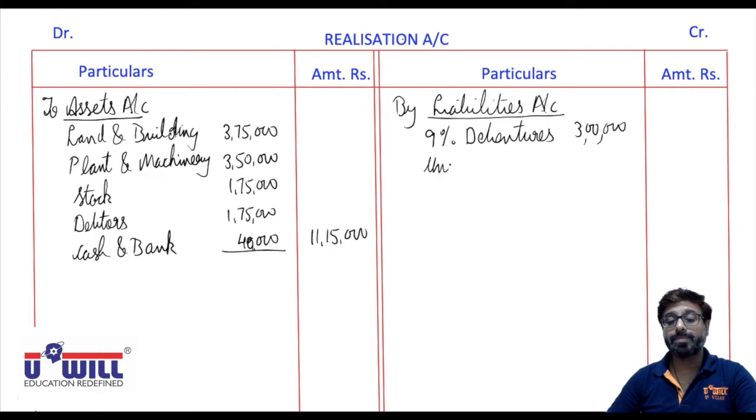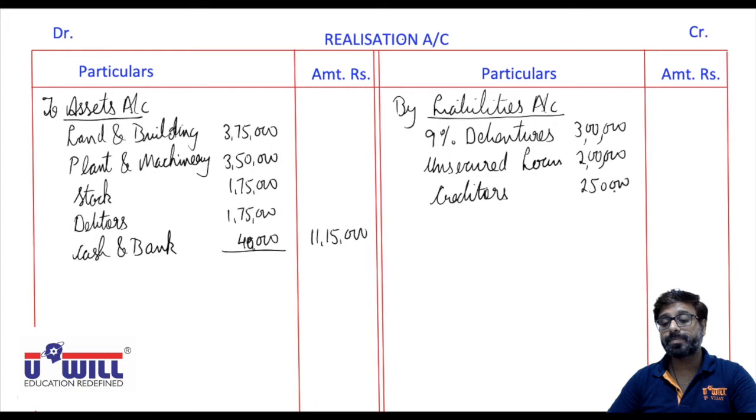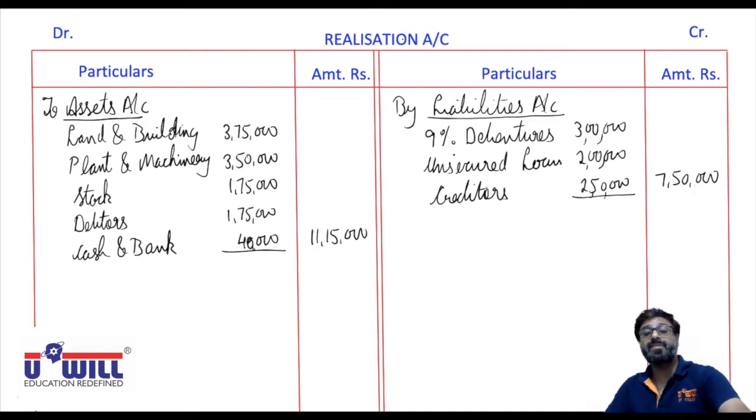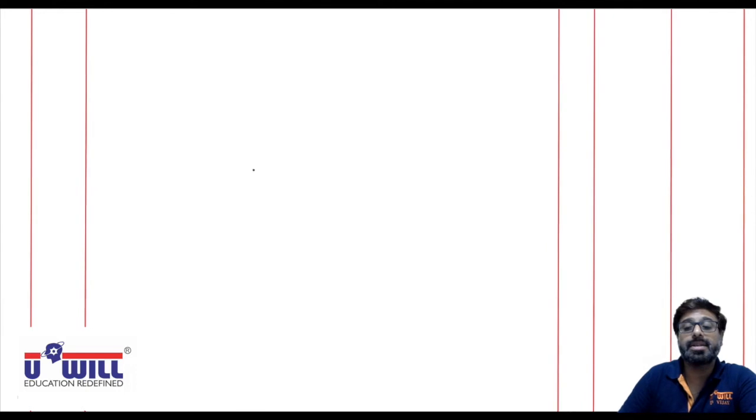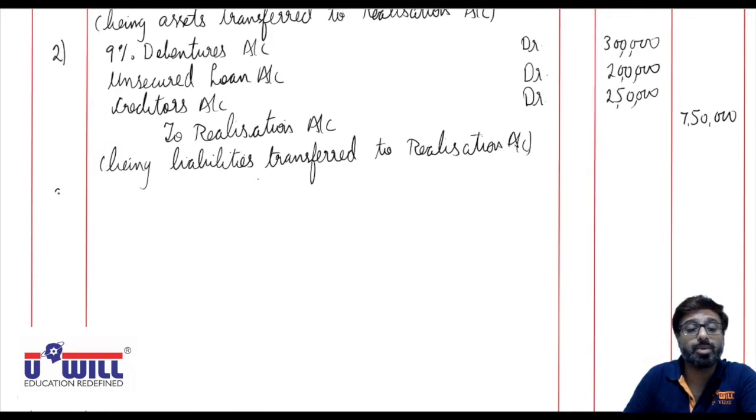Unsecured loan 2 lakh. And creditors 2,50,000. Total 7,50,000. First two entries are done. Single effect only for the closing entries. Okay, the first 6 entries will have a single effect because the other effect is that the account gets closed.